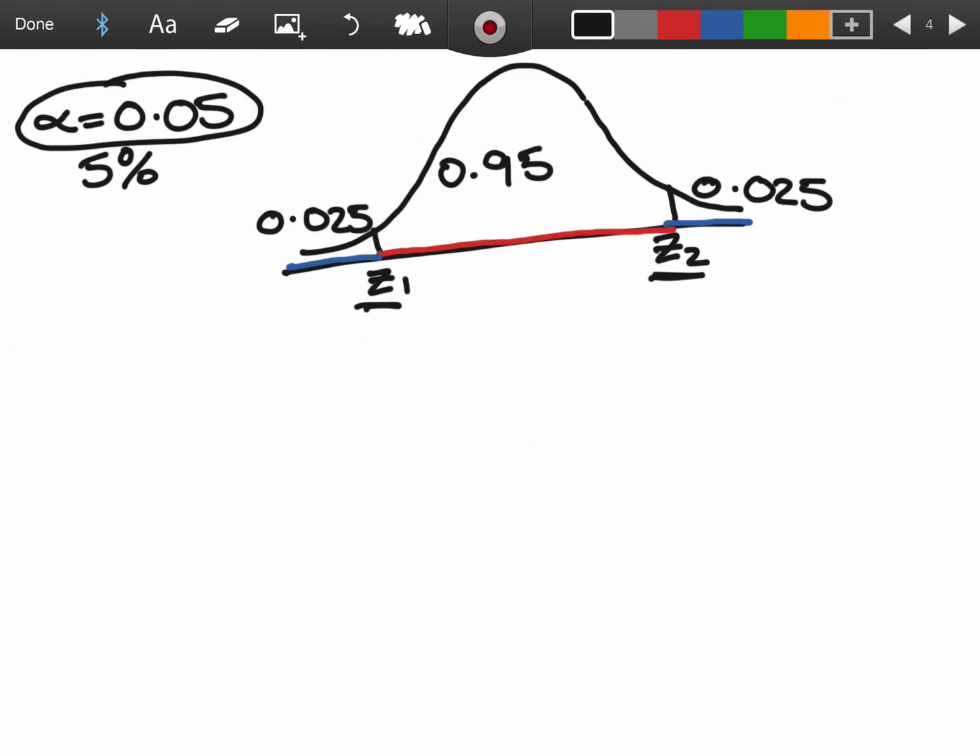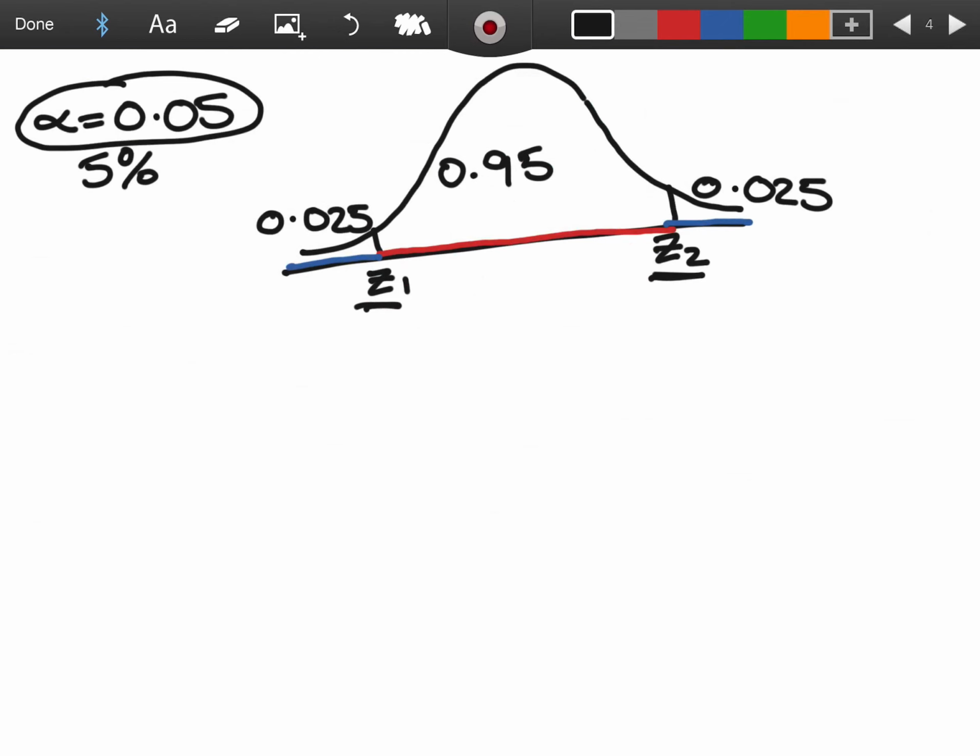We're going to accept that null hypothesis for what it is, and we're going to keep to the fact that the mean is 150. That sample mean was not far enough away from the population mean for us to worry about it, so we're still going to say that our national average was 150, okay? But if our z-score falls outside of the range between z1 and z2, we know that we're going to have to reject it, okay?